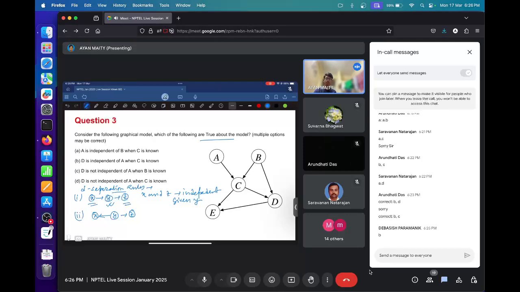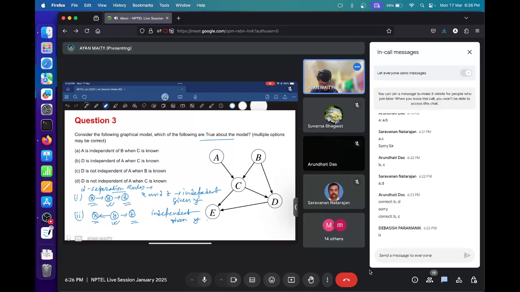One is from y to x, another is from y to z. In this case, same thing happens. If this y is given, then x and z are independent. Given y, y again blocks this path from x to z.